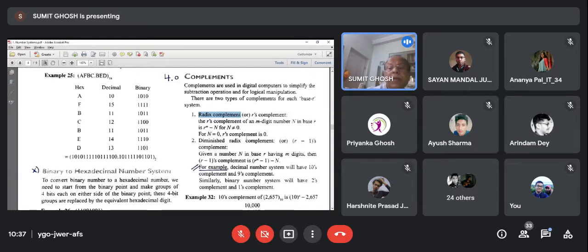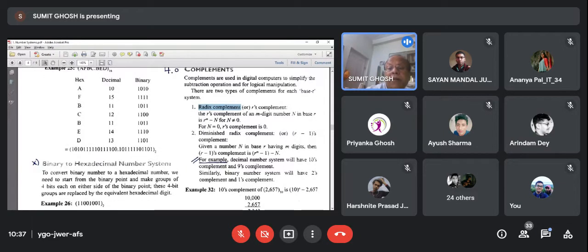R's complement of any number can be found from a formula. I'll tell you, don't worry. R's complement is a generalized term. If R is the radix, what are the different types of radix? Four.